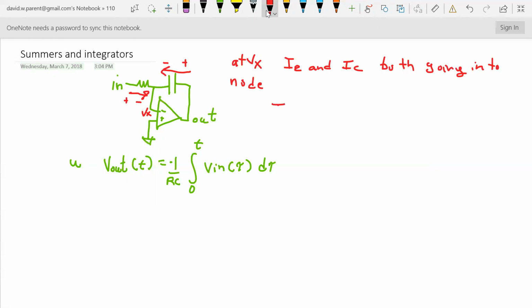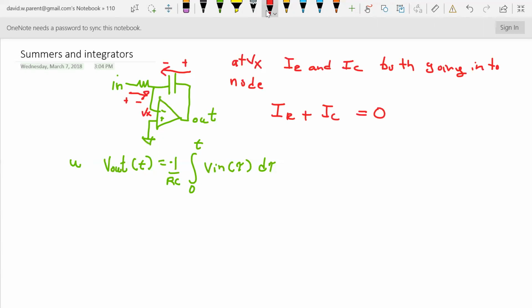All right, well that means IR plus IC equals 0. And yeah, I'm using capitals because a lot of times when you're going to derive these things out, you're using S domain, right? But it would be the same for time domain as well.